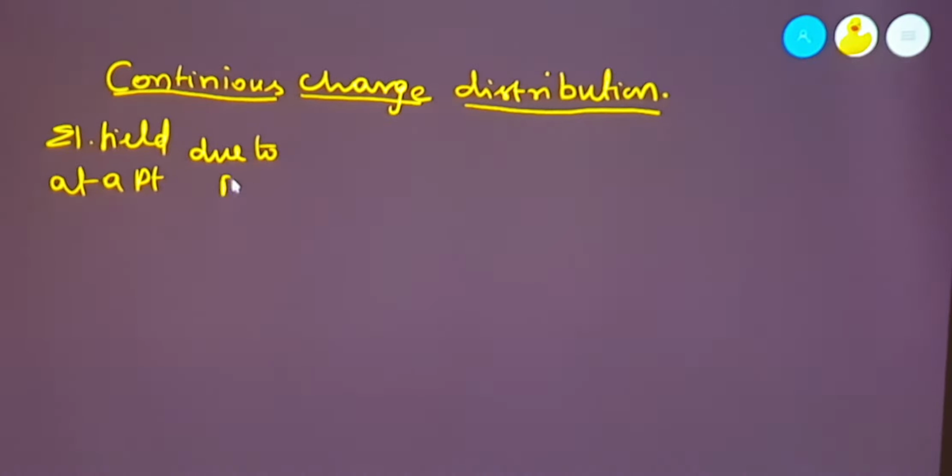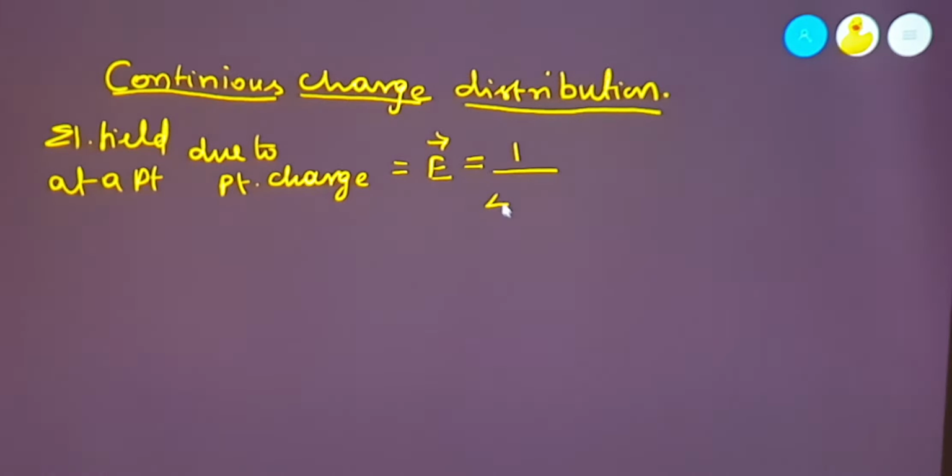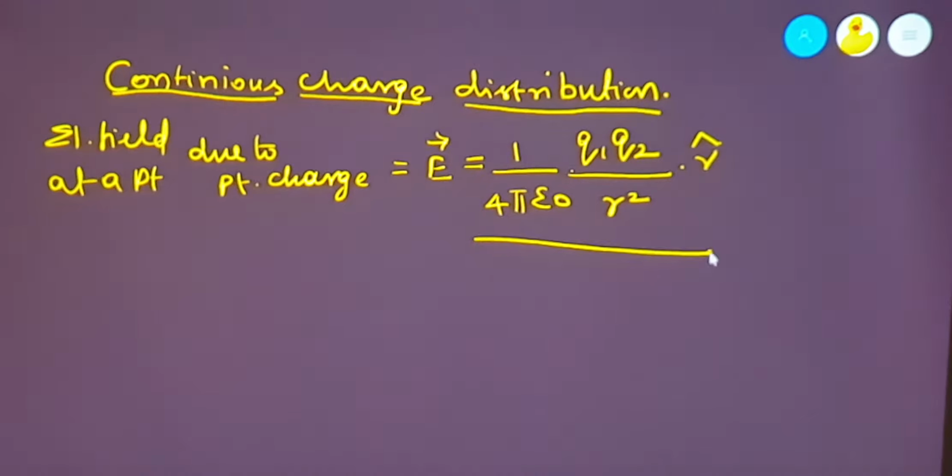When you are considering the electrical field at a point due to a point charge, the formula is E vector equals 1 divided by 4 pi epsilon 0 into Q1 Q2 divided by R square into R cap, divided by that test charge Q2.